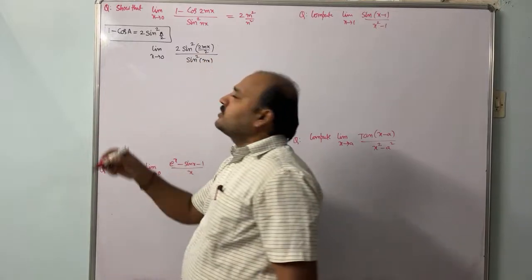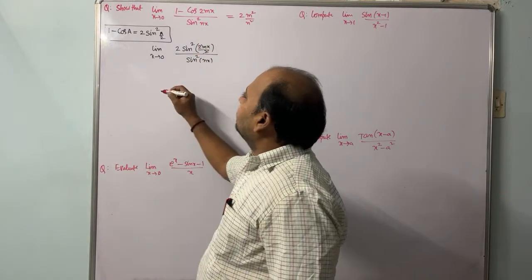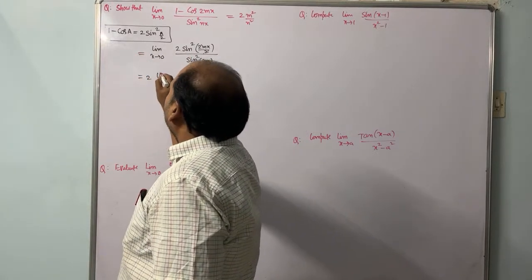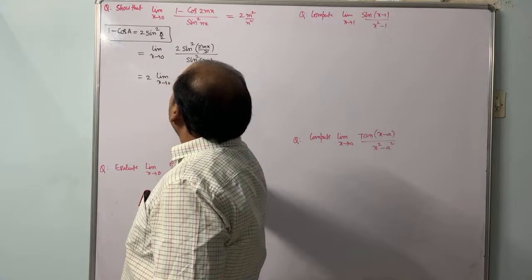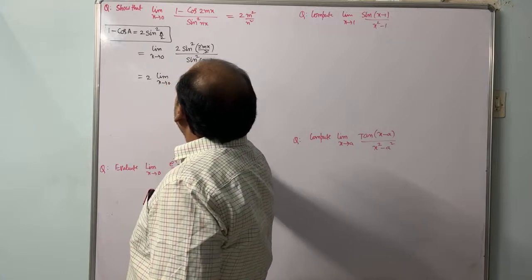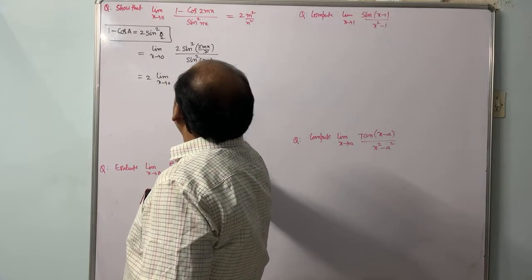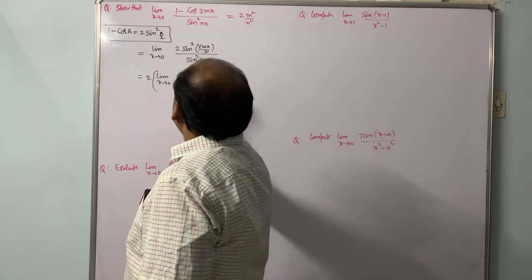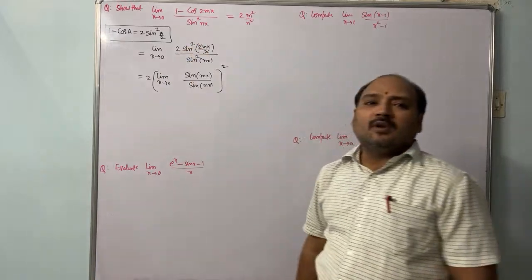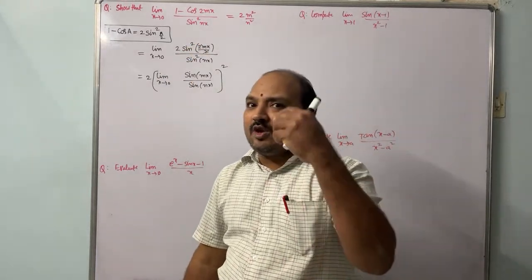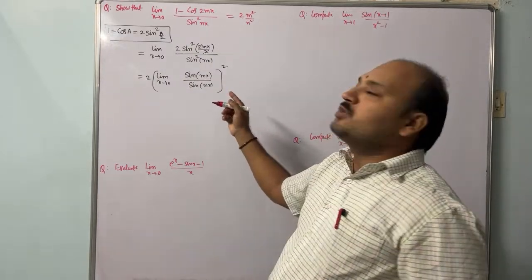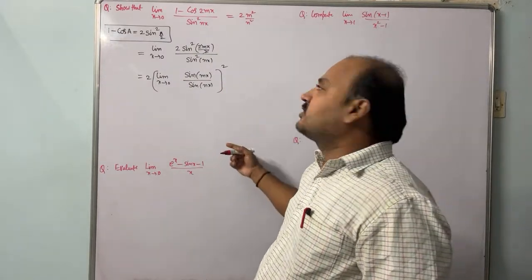I hope you understand this, students. 2 gets cancelled. Both are squares, so square will be brought outside, limit x tends to 0 sin mx by sin nx whole square. Limit x tends to 0 f of x by g of x whole square is equal to limit x tends to 0 f of x square by g of x square.